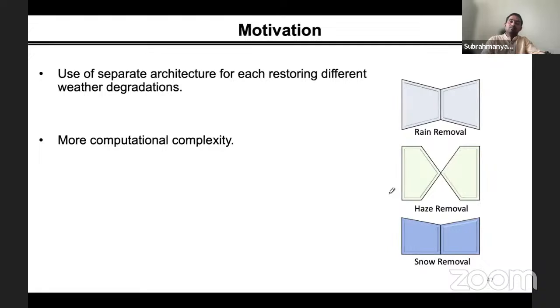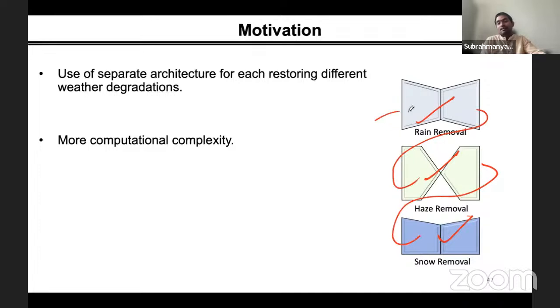The main motivation, as I mentioned, is that rain removal separately, haze removal separately, and snow removal separately, and if I cascade one after the other, the overall performance will degrade.